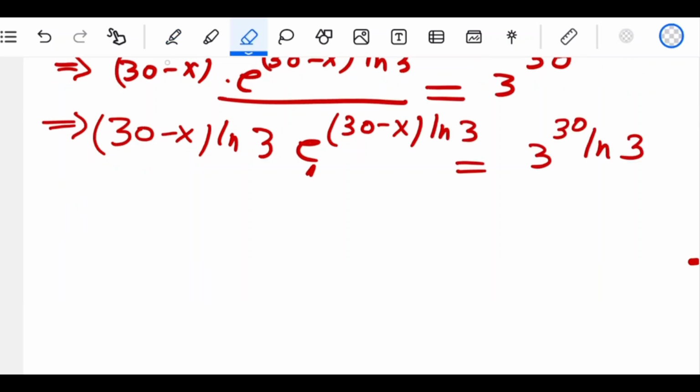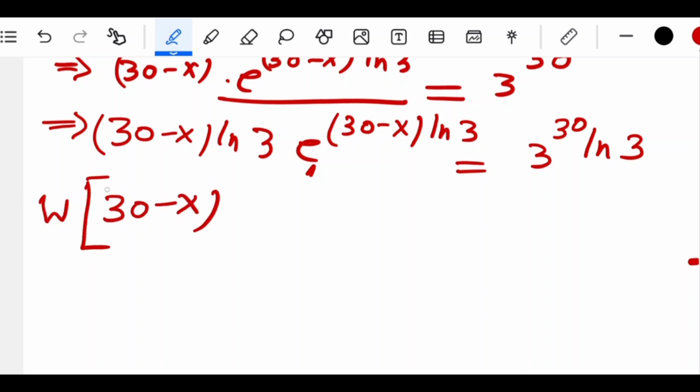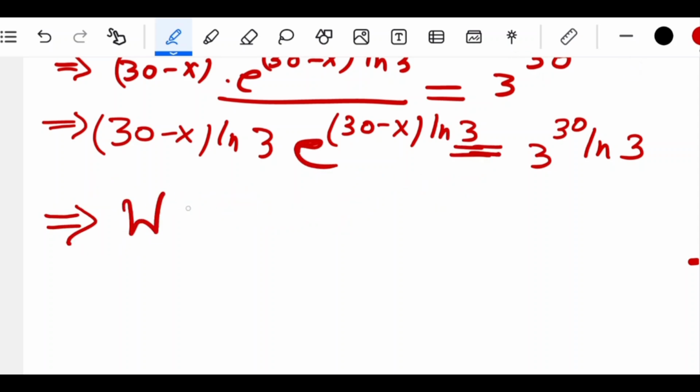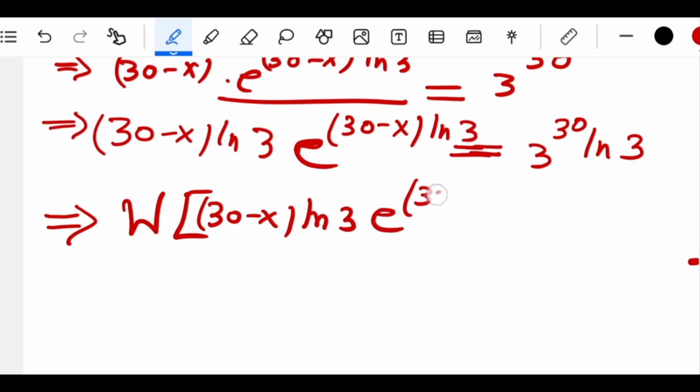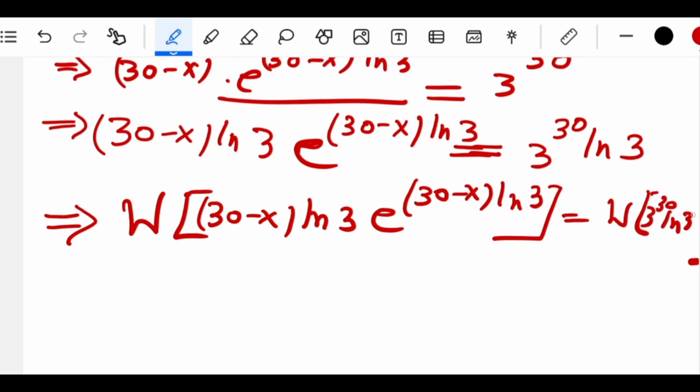So taking W of 30 minus x ln 3 times e raised to 30 minus x ln 3, bracket close, is equal to W of 3 raised to 30 ln 3.